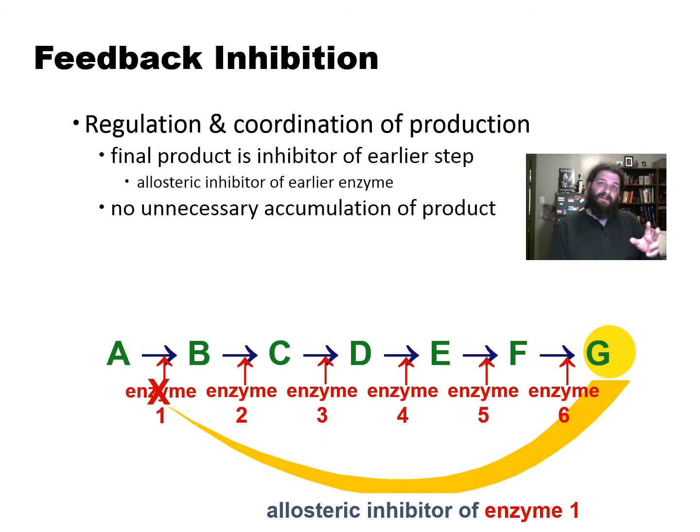What this does is keep that final product from accumulating, because as it gets more and more, it shuts down the process, and so you get fewer of that product as it gets used up. And then as there's less of it, that can turn that process back on, and then you'll make some more. The nice thing, of course, is that this is self-limiting, so it doesn't need some sort of external factor, some other thing produced in order to control it. It's controlled by itself.